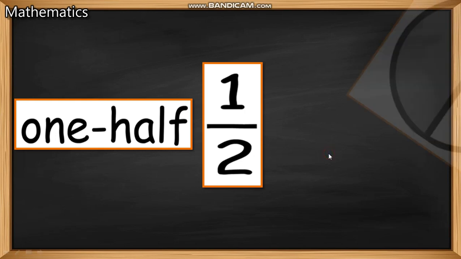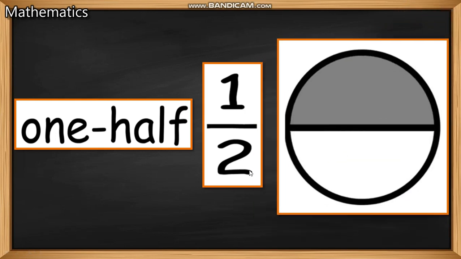Please listen. Look, okay. You can see a circle there. Then I cut that circle into two equal parts. How many equal parts? Two equal parts. Where is that? 1, 2. Then I shaded one part.